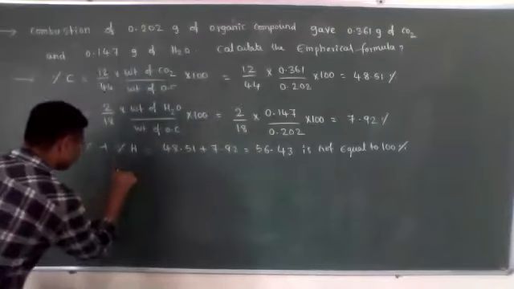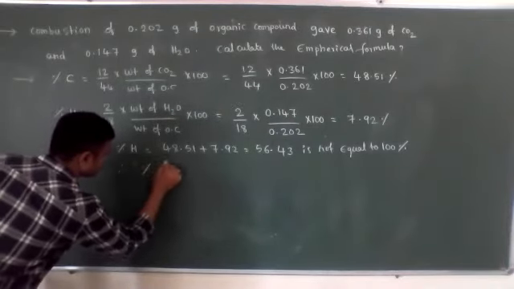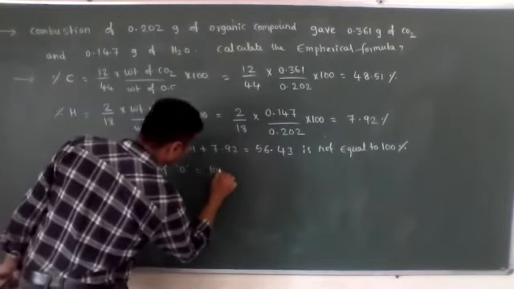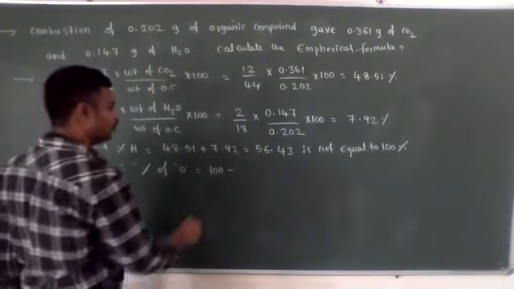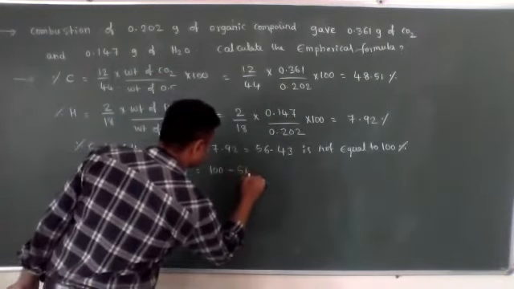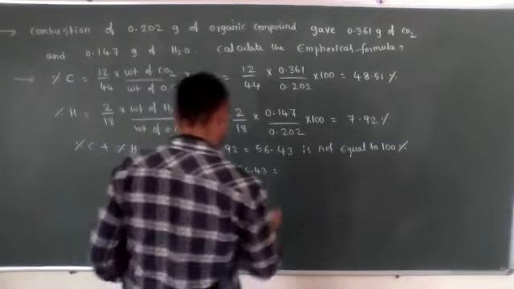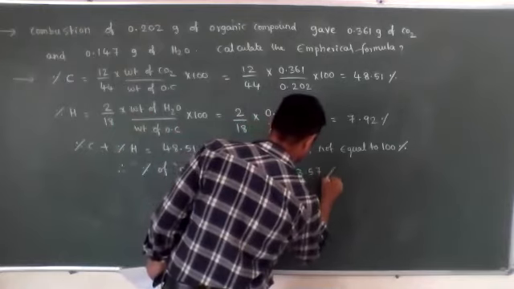Therefore, percentage of oxygen is equal to 100 minus the sum of the percentages of the remaining elements. 100 minus 56.43 is equal to 43.57 percent.